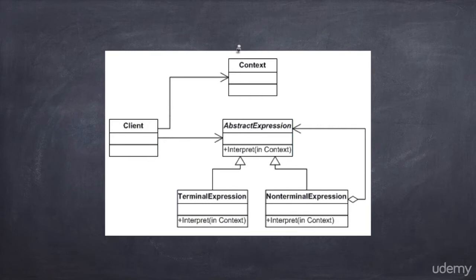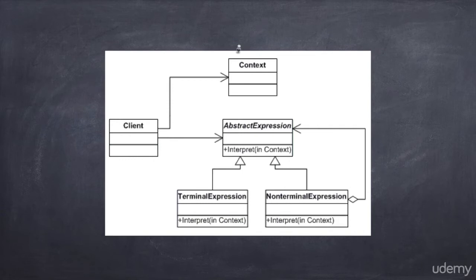The other kind of expression is a non-terminal expression. This is an expression that refers to one or more sub-expressions in the language. A good example is the mathematical plus symbol. It adds two sub-expressions together, the one on the left of the plus symbol and the one on the right.